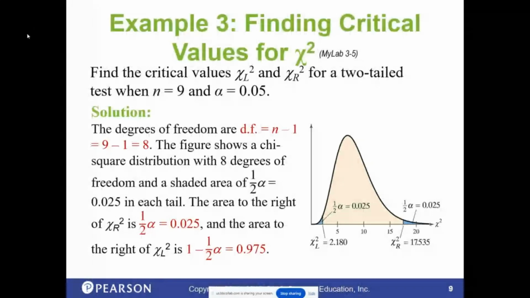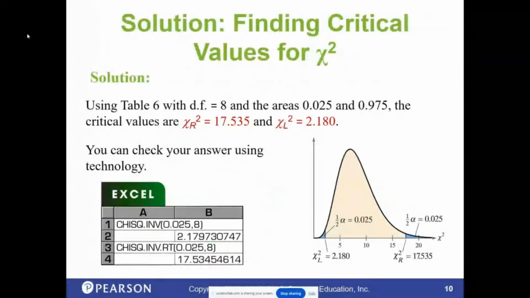We cannot find those values on our TI-84, but you can find them on Excel if you're interested in that. There's the graphic to show that. Otherwise, we'll use our table.